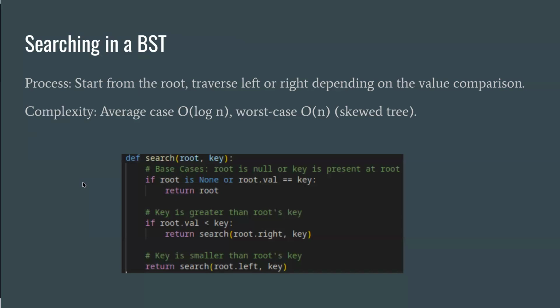The efficiency of this operation depends heavily on the tree's height, with the average case being logarithmic, O of log n. And in the worst case, you will have O of n if your tree is unbalanced.